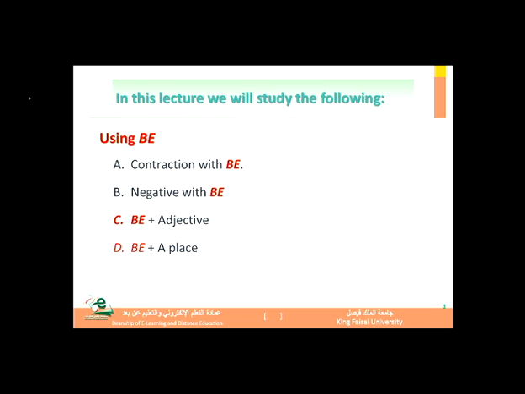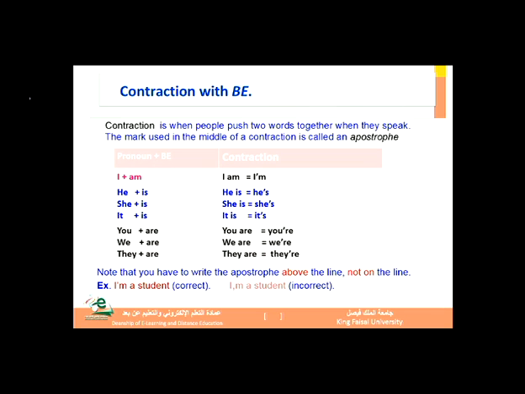So let's start with the first point we have today, which is when we contract the sentence and make it a little bit shorter. Contraction is when people push two words together. Rather than pronouncing the words slowly, one by one, we push them together when we speak.